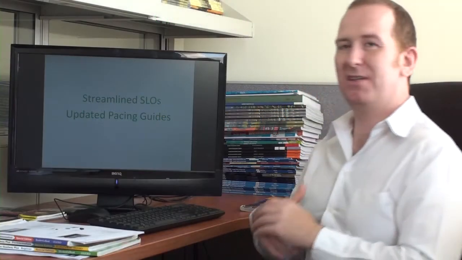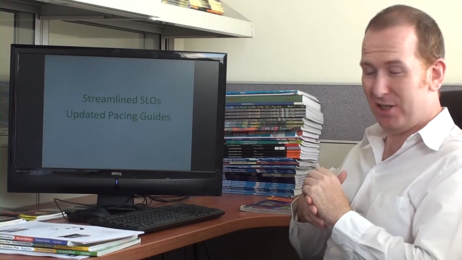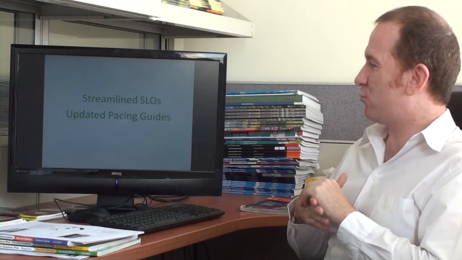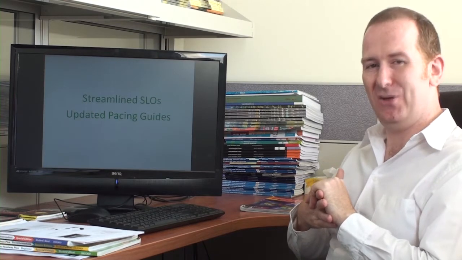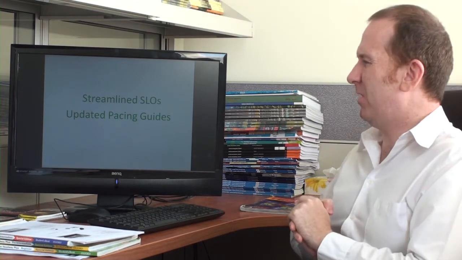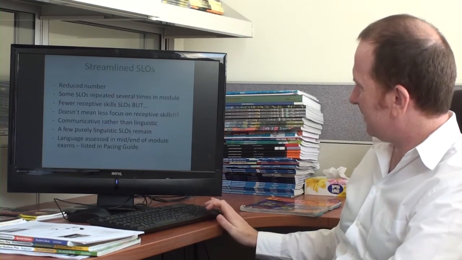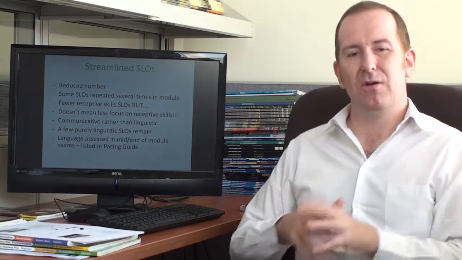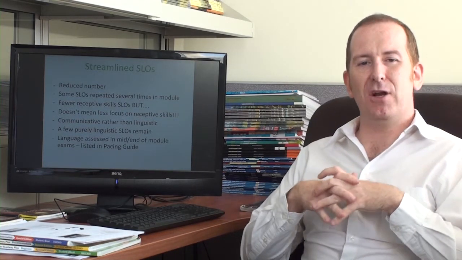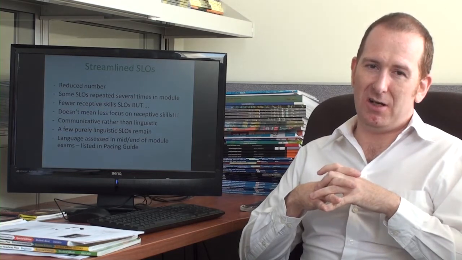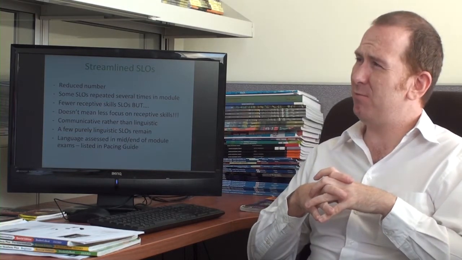The second major change this year is the streamlining of SLOs. What do I mean by streamlining? I mentioned earlier there are now fewer SLOs than there were last year. Last year we had about 50 per level.